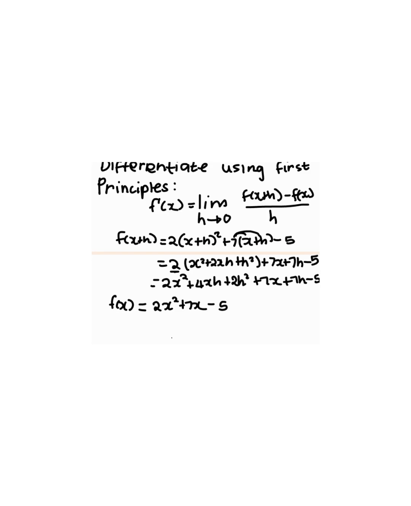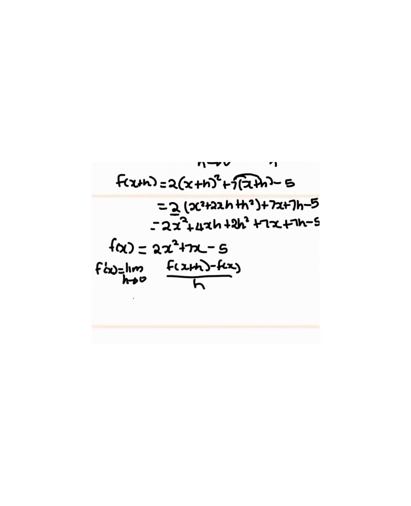Let us now take it on to our limit formula. f prime of x is the limit as h tends to 0 of f of x plus h minus f of x, divided by h. And my f of x plus h, I'm just gonna start it over there because I need as much space as I can possibly get.